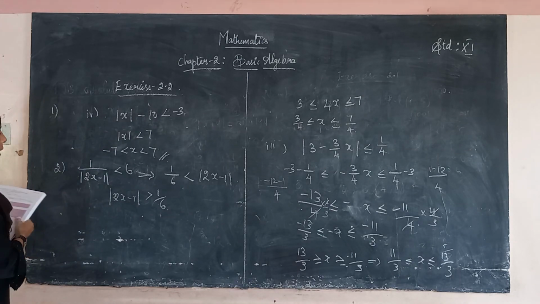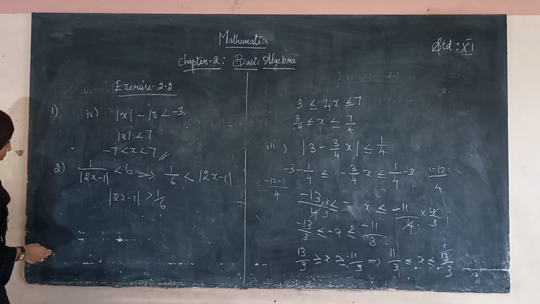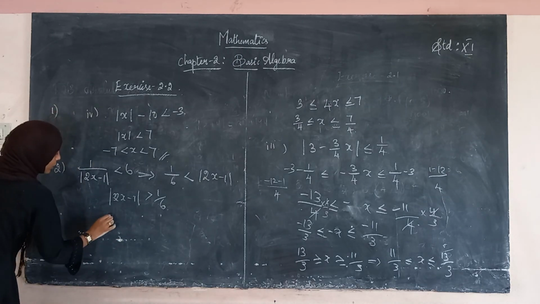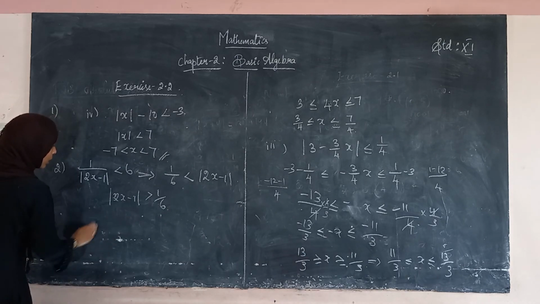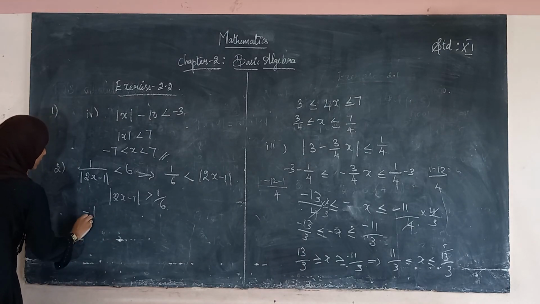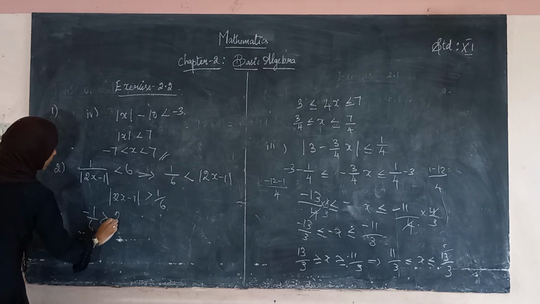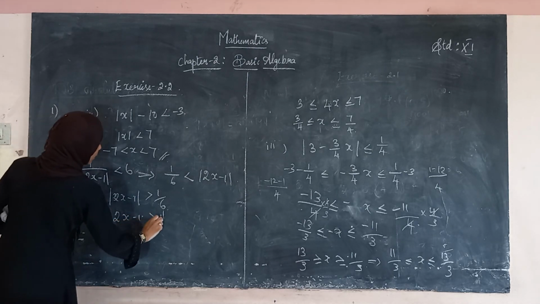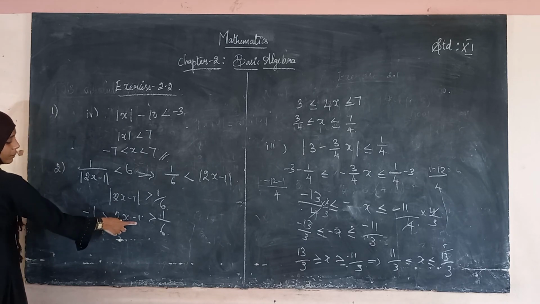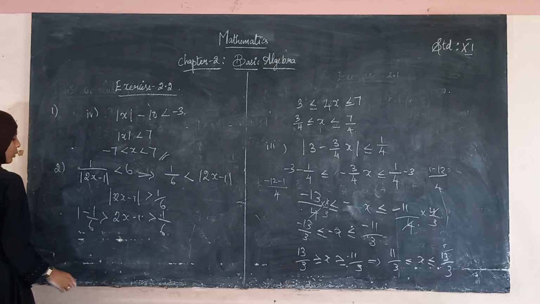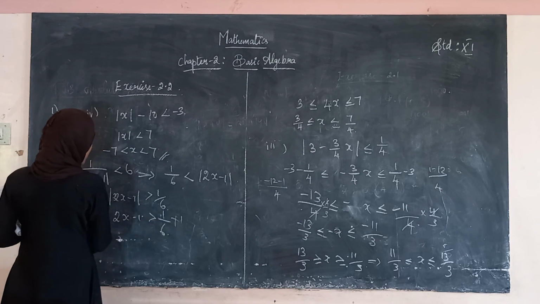Remove this modulus. While removing, what happened? Minus 1 by 6 should be greater than 2x minus 1, greater than 1 divided by 6. Bring this plus 1 to this side. So this is minus 1 and it goes as plus 1.